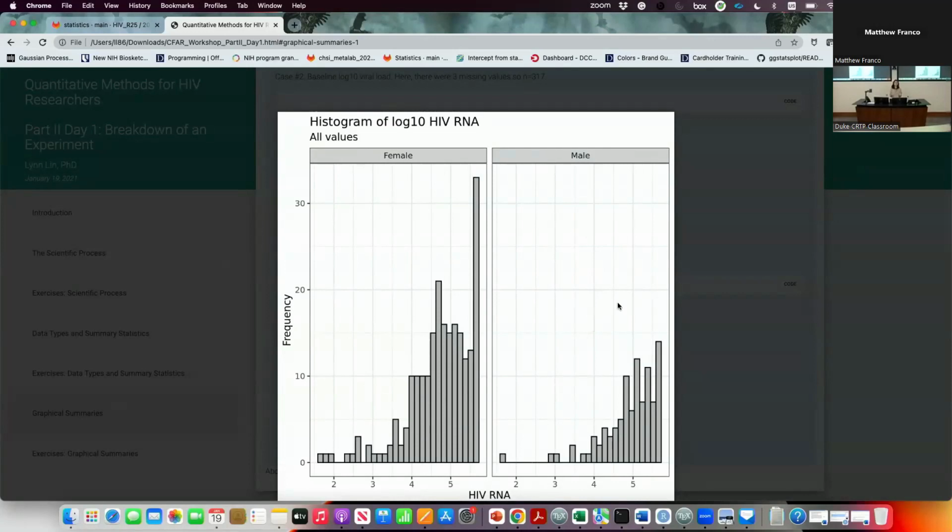So what's the advantage of doing that? To generate multiple histograms for the same continuous variable, but stratifying your sample in different ways. What's the advantage of that? Compare differences. Yes, so you can compare whether they follow the same distribution, meaning that gender is not a factor influencing this HIV RNA, or whether gender is really a confounding factor.